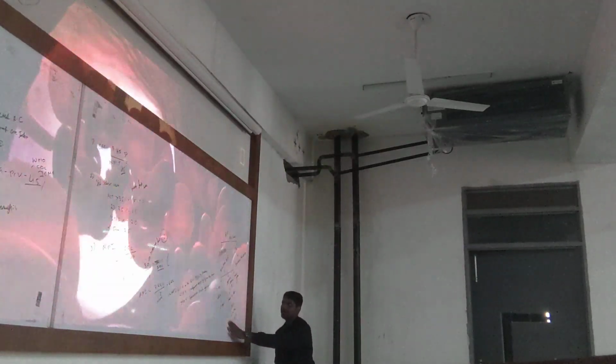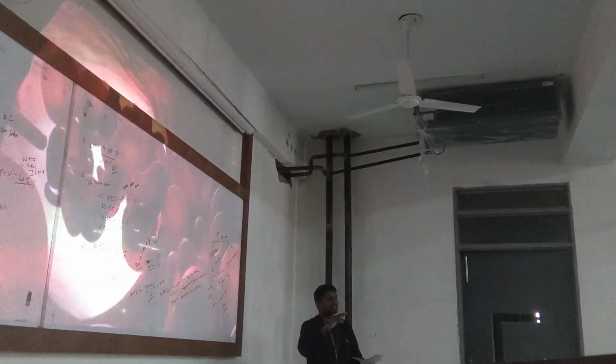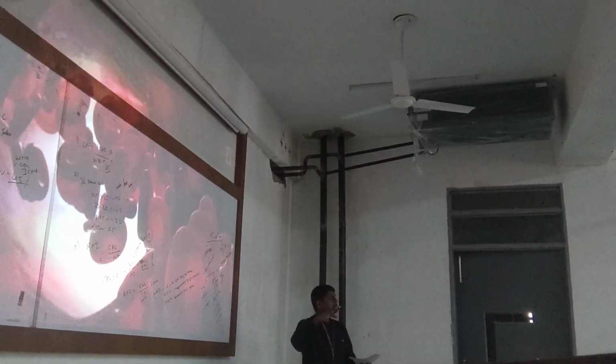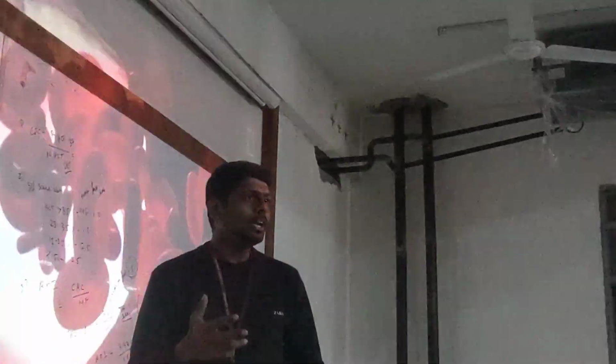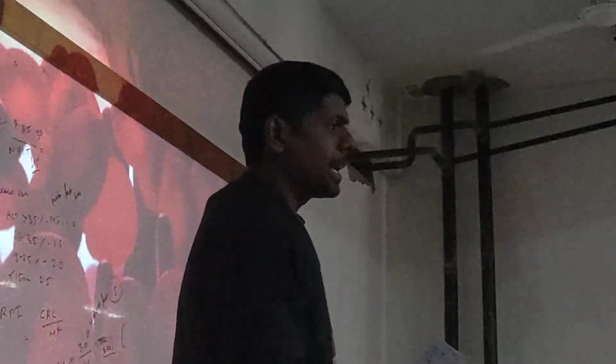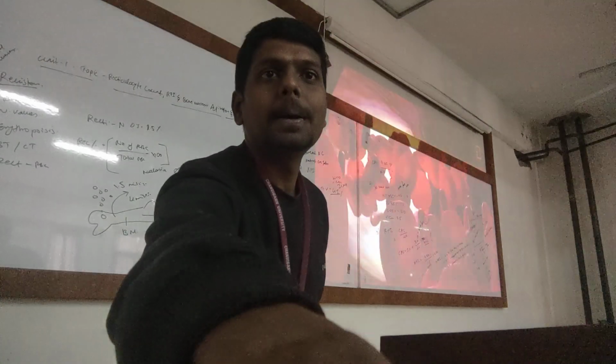This is called aplastic anemia. That means the bone marrow is gradually dying, gradually destroyed. I don't know whether you can understand the severity of these conditions or not. I will just go through the next slide, then you will understand.